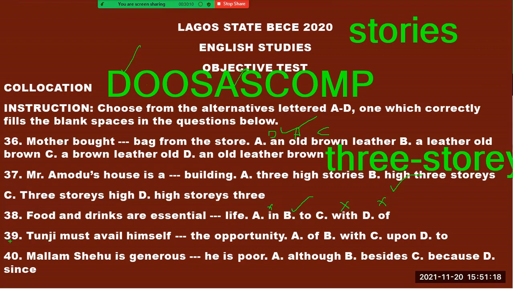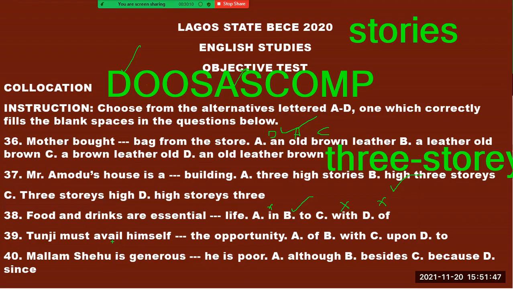Question number 39. Tunji must avail himself dash the opportunity. Now, again, here we are looking at using verbs with prepositions. Certain verbs collocate with certain prepositions, just as certain adjectives collocate with certain prepositions. When you look at the word avail, you avail yourself of.